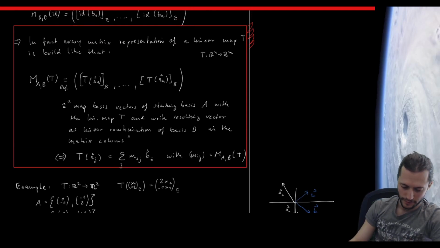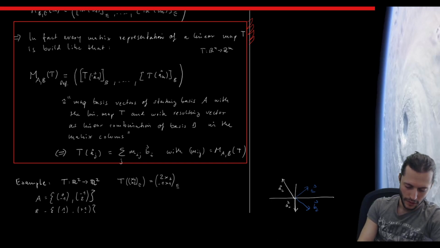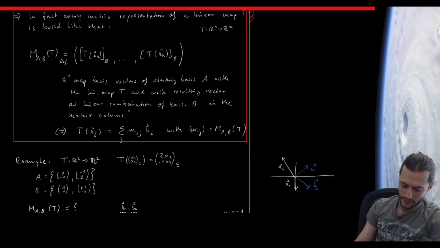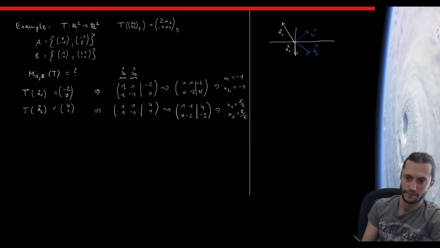So what did I do in the red box? I did exactly calculate each of these vectors, mapping the old basis vector, expressing it in new coordinates. Or here, mapping the old basis vectors A1 and A2 with T, expressing them with coordinates respecting the basis B. And I used the technique of chapter 1.